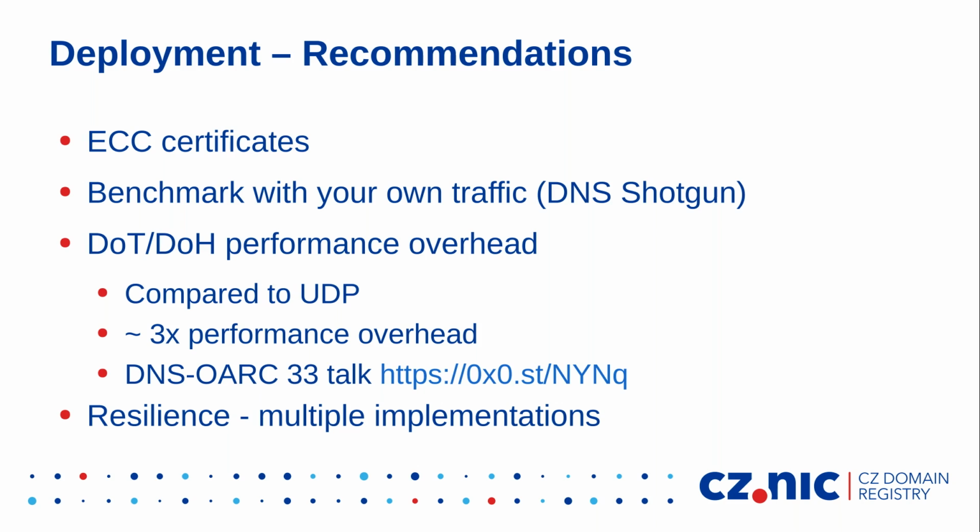So both of these protocols have comparable performance. When you compare this, however, to UDP, plain DNS, then you can expect about 3 times the performance overhead. And a former colleague of mine goes into the details of some of our results from benchmarks in his DNS-OARC talk. So if you're interested in that, I definitely recommend that you watch this talk.